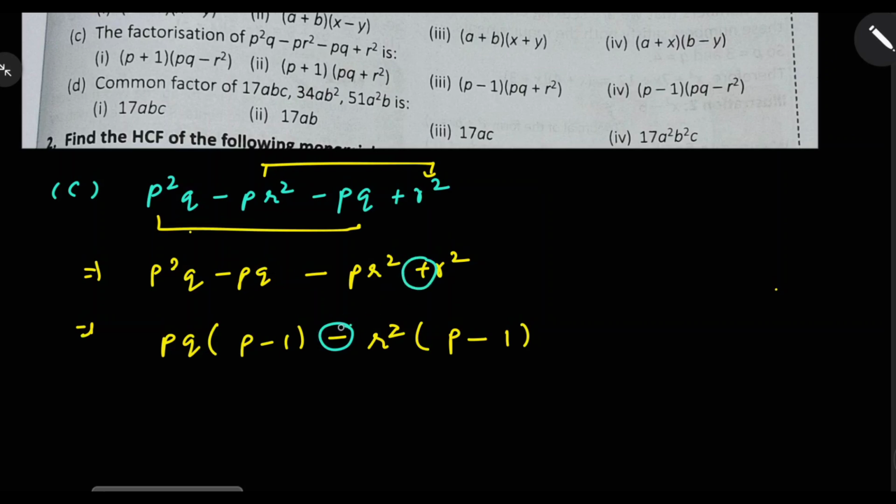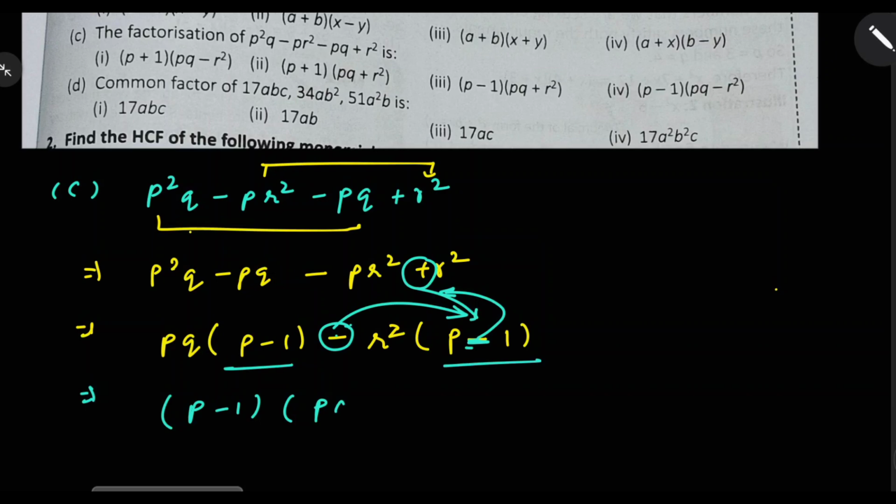When we take the minus common from here, this plus will become minus, because when we multiply inside again, this minus will become plus again. So taking p minus 1 as common and taking it out, we are left with pq minus r square. And here we have the factors of this question.